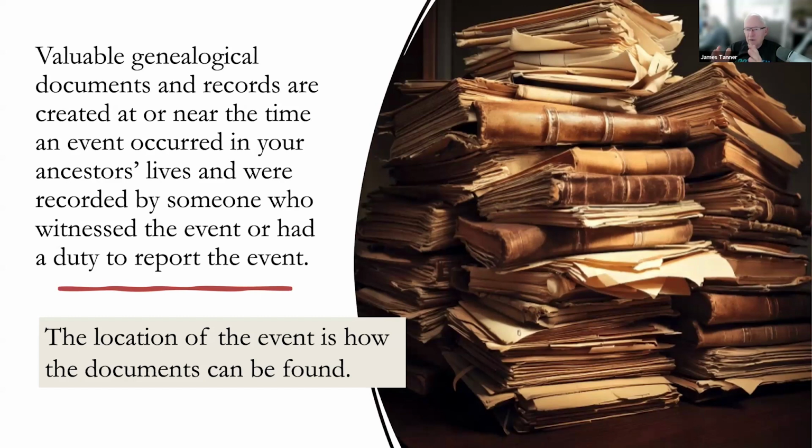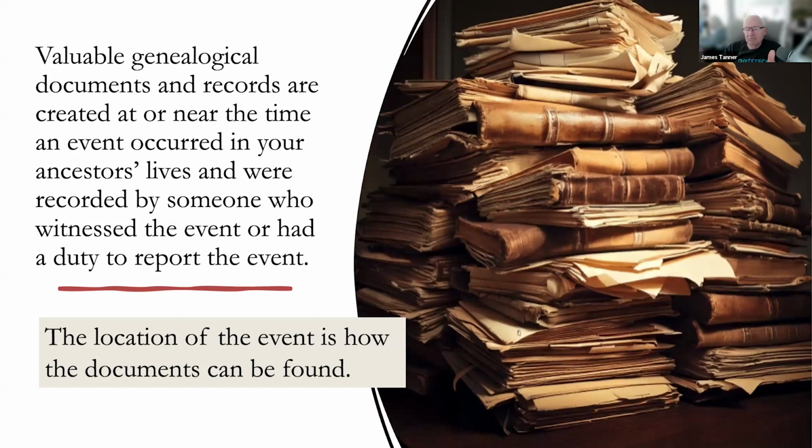If you go into a library and they're using their card catalog system or their catalog system, you're going to find the genealogical records organized on the shelves by the geographical location of the origin of the record. So English records are going to be in the English section. German records are going to be in a German section, and so by that catalog.